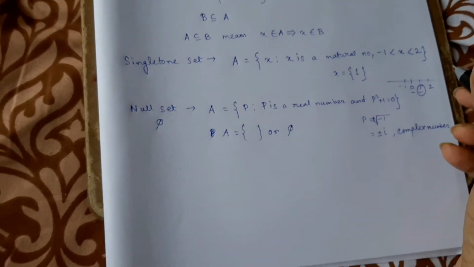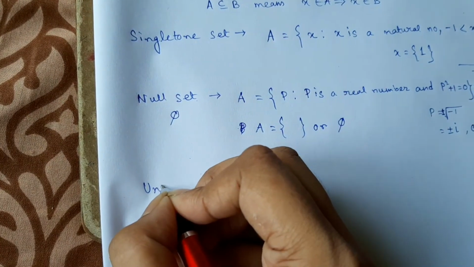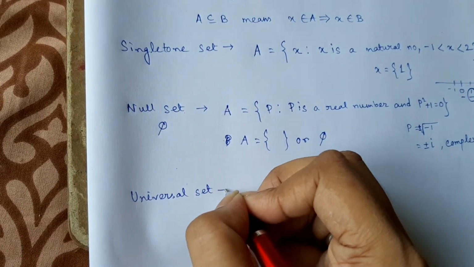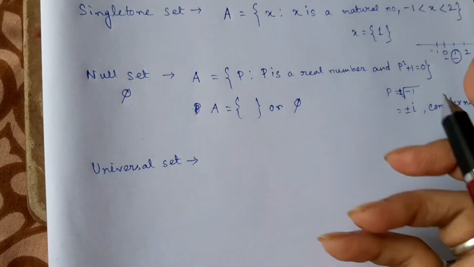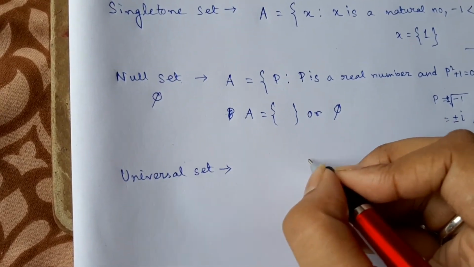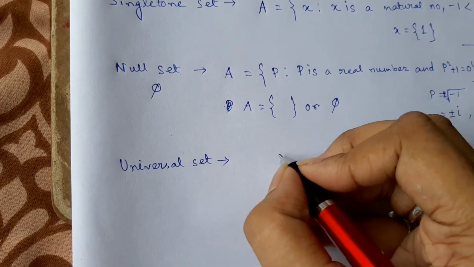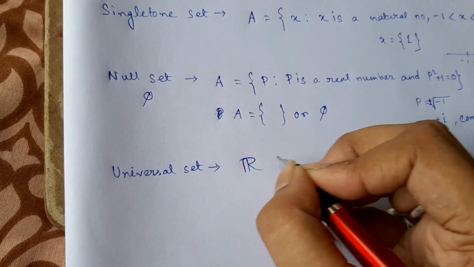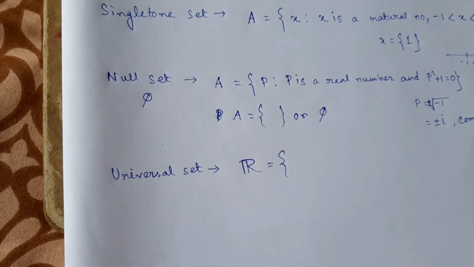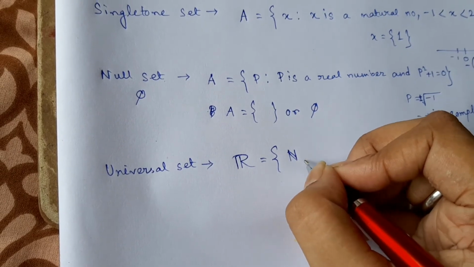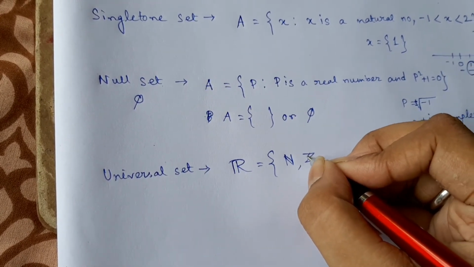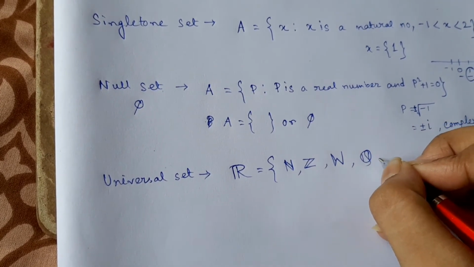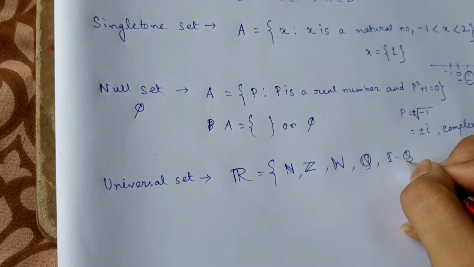Okay. Next is universal set. We take an example, the set of real numbers. The set of real numbers contains the set of natural numbers, set of integers, set of whole numbers, set of rational numbers, set of irrational numbers.